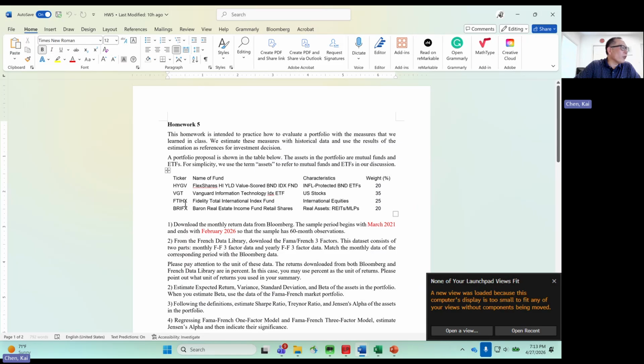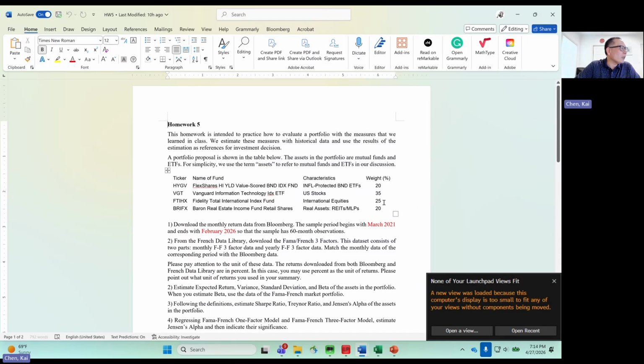In this portfolio, we have 4 assets: HYGV, VGT, FTIHX, and BRIFX. The weight of HYGV is 20%. Next one, VGT is 35%.